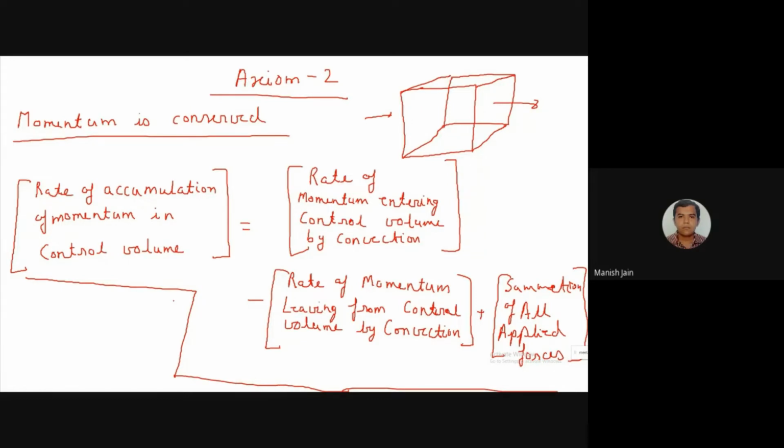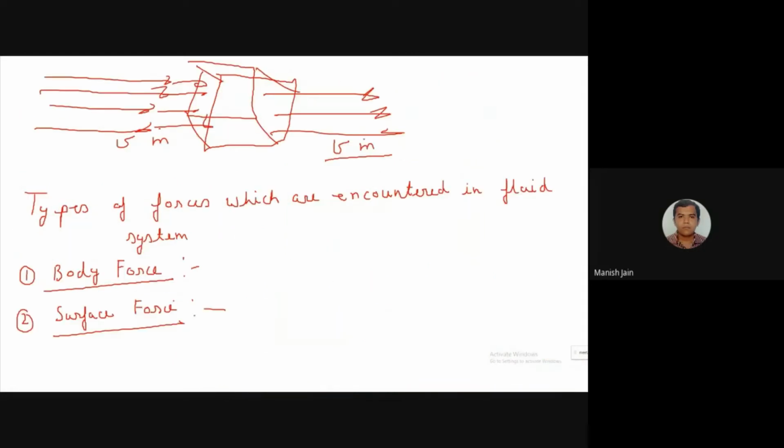The fluid flows, so that fluid has some velocity, and mass times velocity is the momentum. Then when the fluid leaves the system, that also takes some momentum with it. And then you have a number of different types of forces which add up, and that should be equal to the rate of accumulation of momentum in the control volume.